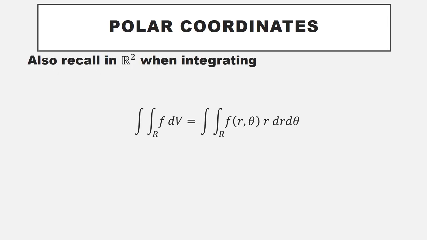So we get r dr d theta when we integrate over some region in the xy plane. So when we did double integration with polar, we put in r times dr d theta.